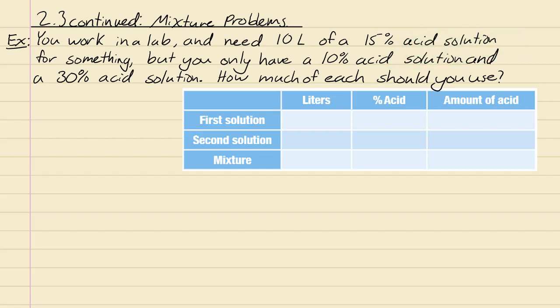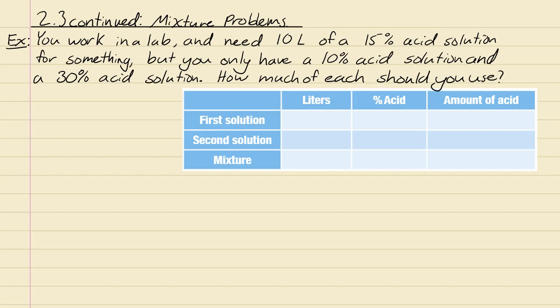Anyways, we need 10 liters of a liquid that is 15% acid, and unfortunately, you only have a 10% acid solution and a 30% acid solution, and you're going to need to mix them together to combine the strengths to get somewhere in between 10 and 30%. So, how much of each should you use?